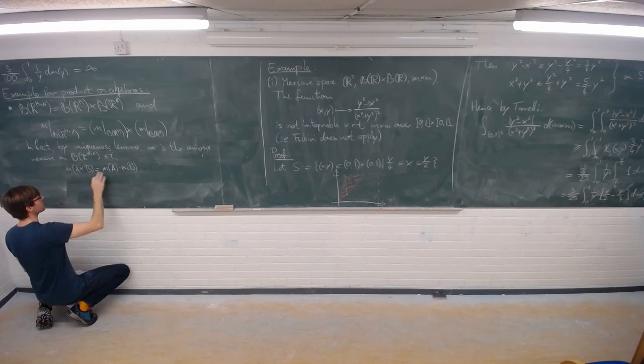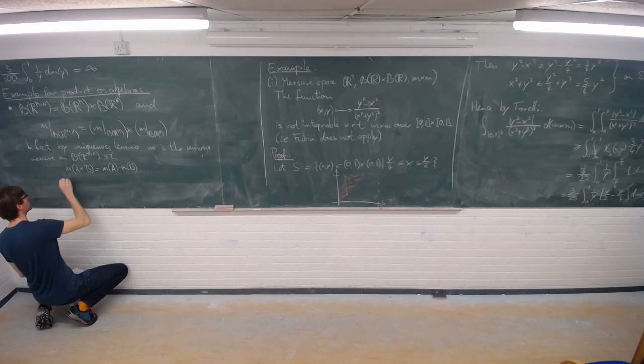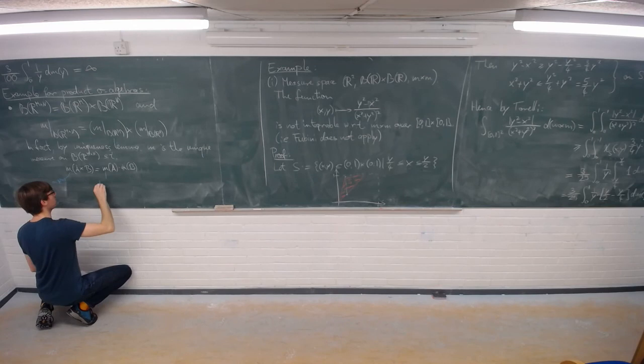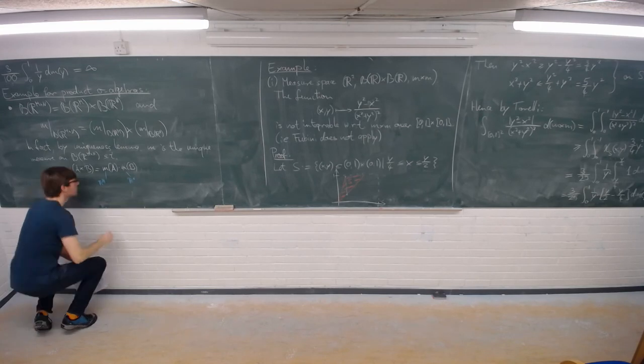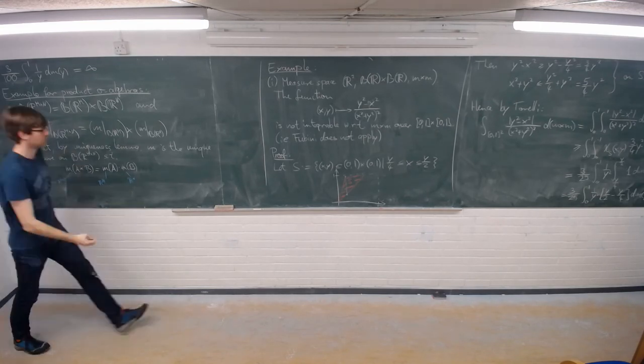This equation is slightly dangerous. So on the left-hand side, this is the Lebesgue measure on R^(m+n), and on the right-hand side, this is the Lebesgue measure on Rm, and this is the Lebesgue measure on Rn. So these are different Lebesgue measures.